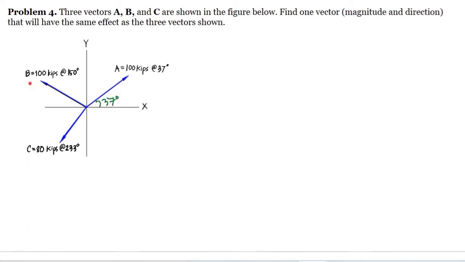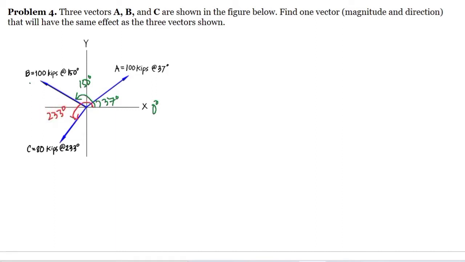So vector B is 100 kips at 150 degrees, so it means that it is 150 degrees from the x-axis, which is the degree 0. Now for this 80 kips, 233 degrees, it is measured from 0 counterclockwise, and that's 233 degrees.